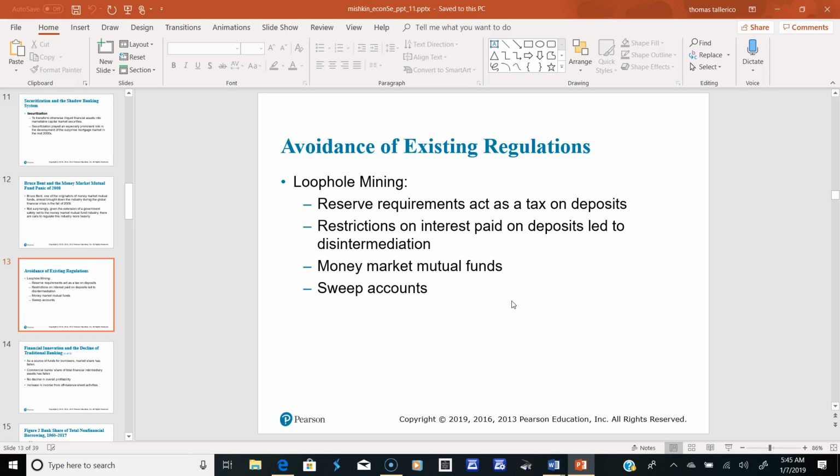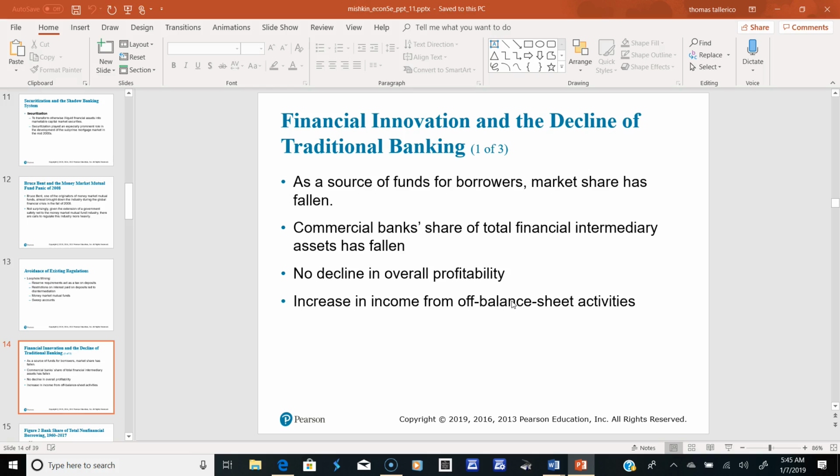There's a lot of discussion going on about regulations and the like. You can go through this. There are some statistics with regard to what share of the markets commercial banks have.